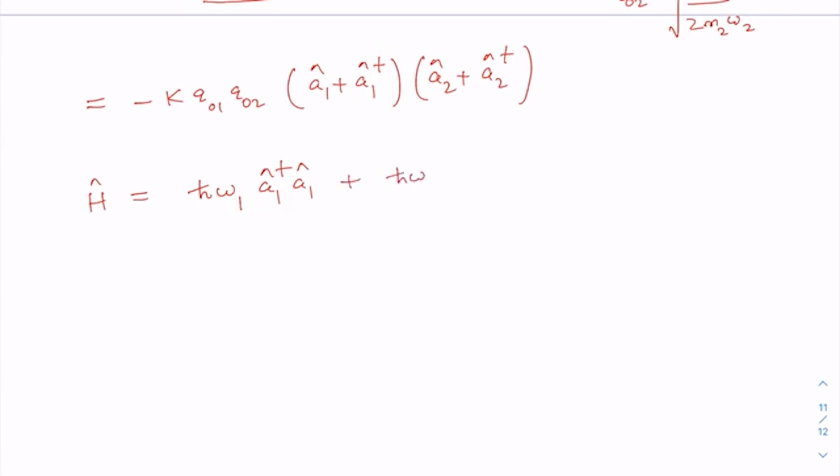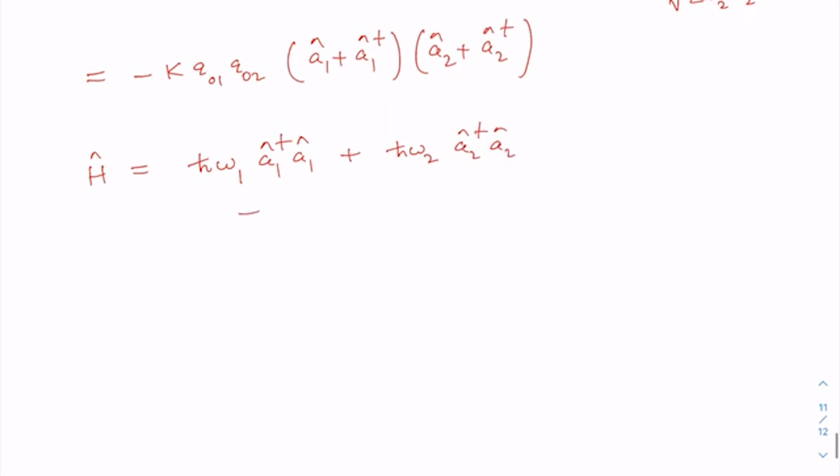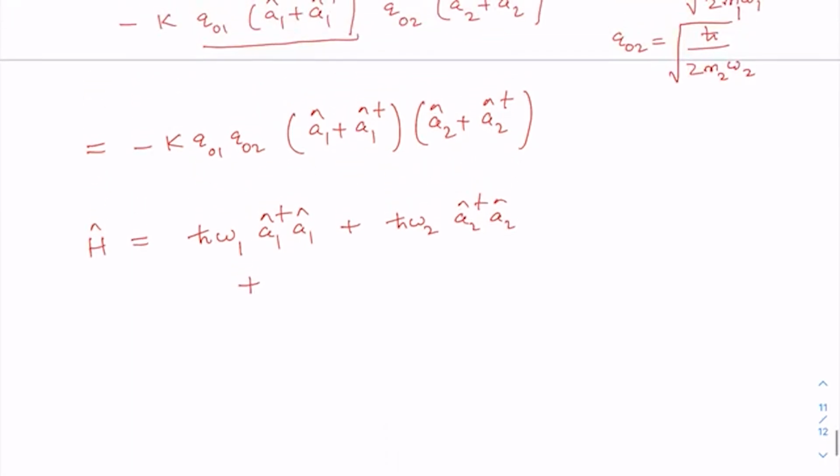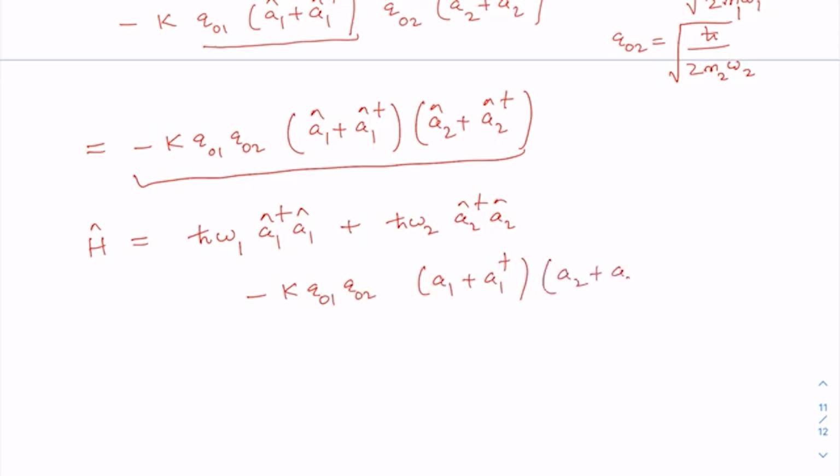And similarly for the second oscillator I will have h cross omega 2 a2 dagger a2, and we have this coupling term, minus k q01 q02 (a1 plus a1 dagger)(a2 plus a2 dagger). These are operators.